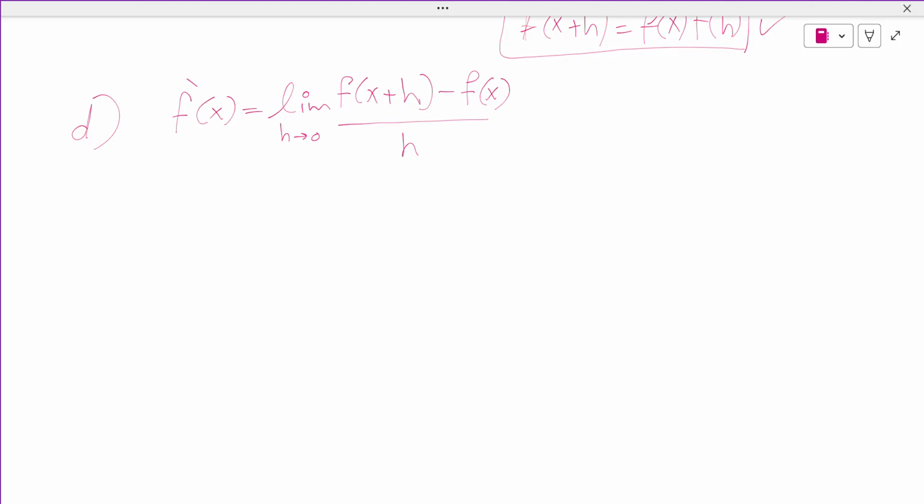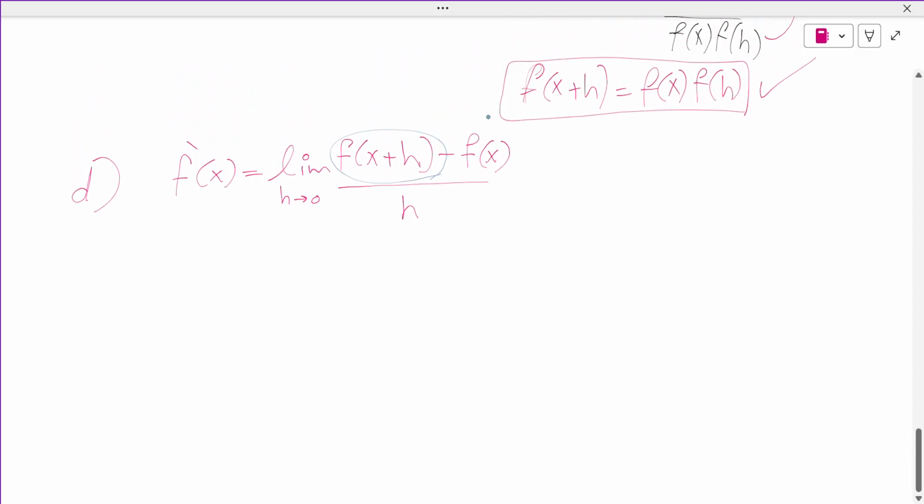Now, this part here, we did it in part C, which is here, right? So if we take it from part C, what do we get? So we get that f prime of x equals the limit as h approaches 0 of, instead of f of x plus h, we will write f of x times f of h, minus f of x all over h.